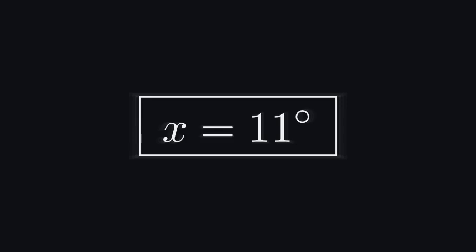The first two significant figures are 1 and 0. The next digit is 6, so we round 10 up to 11. Therefore, correct to two significant figures, x equals 11 degrees.